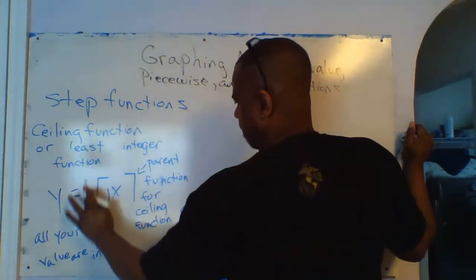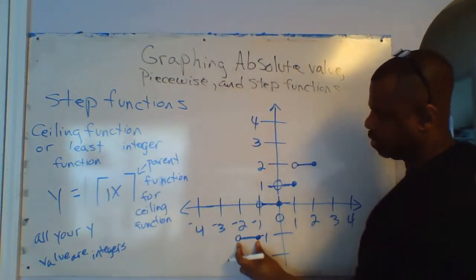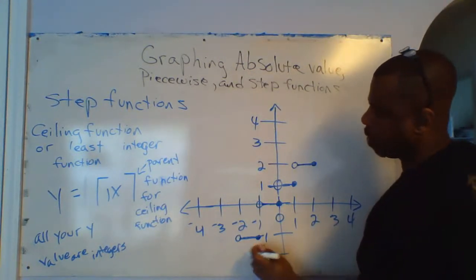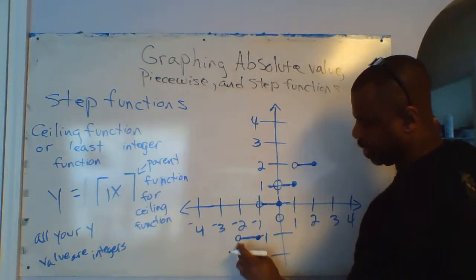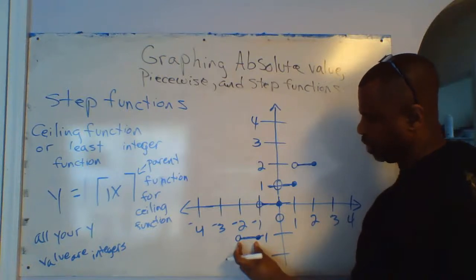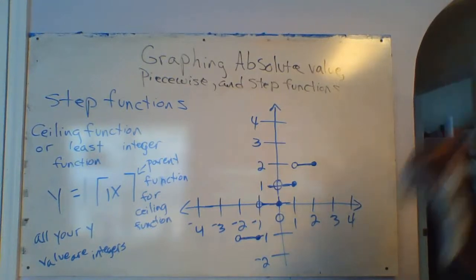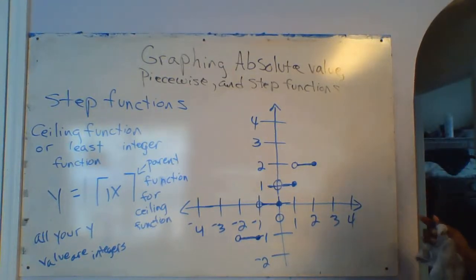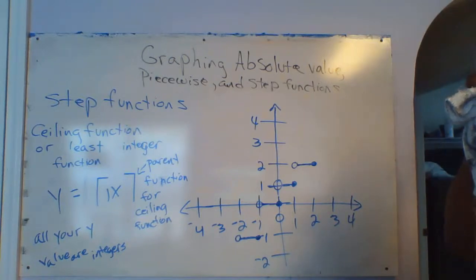And so the distance between here is 1. So I've got to go back 1. And everything from back 1, I can't include -2. And I'm going to go up to -1. All those values in between there have to be -1. So that's the difference between your ceiling and your floor function.